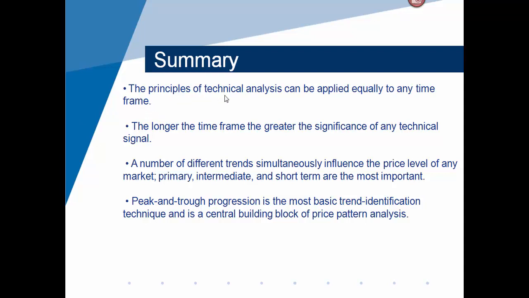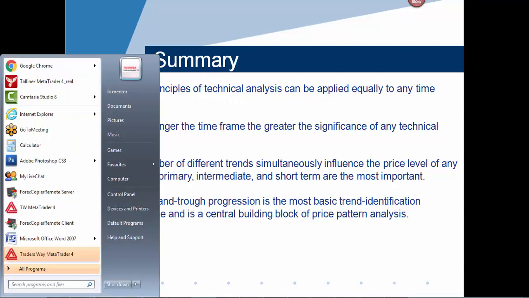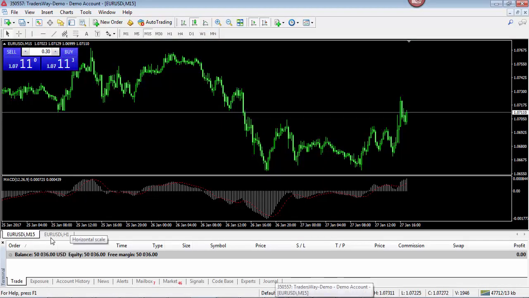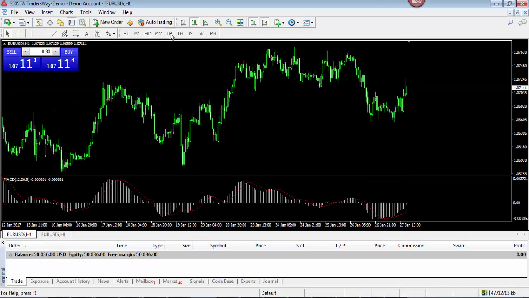Now, the principles of technical analysis can be applied equally on any time frame. So, if we go back to our charts, we're looking at a 15-minute time frame here, and we're seeing the market making lower highs and lower lows until it turned. If we go to a 1 hour chart, we see where the market is now making higher highs and higher lows until the market turns.